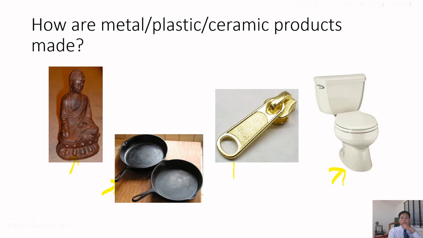Those are products of metal, plastic, or ceramic, but how are these products made? What processes take place to make them? That's the key question of this lecture, and we are going to explore those processes.